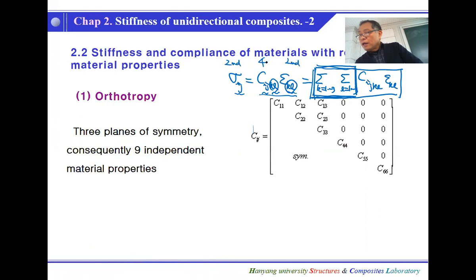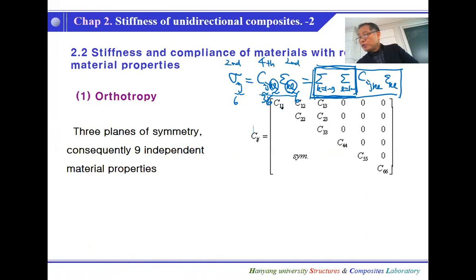Also, sigma is a second order tensor, epsilon is a second order tensor, and this is the fourth order tensor, stiffness. And there are 6 independent strain components. So how many terms can we have? 6 times 6, so 36 components in the stiffness matrix.